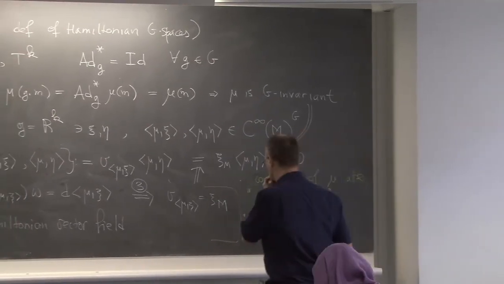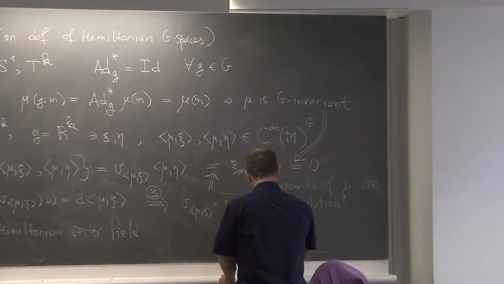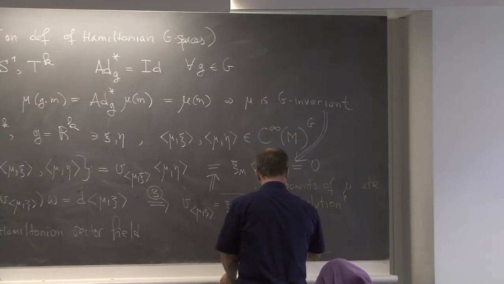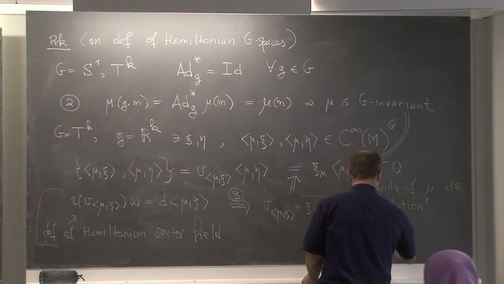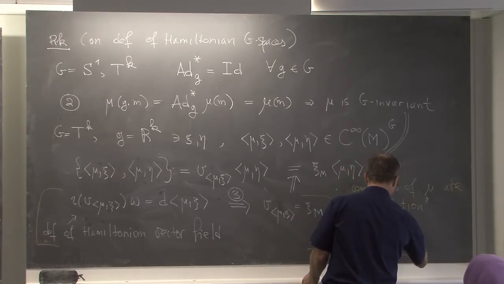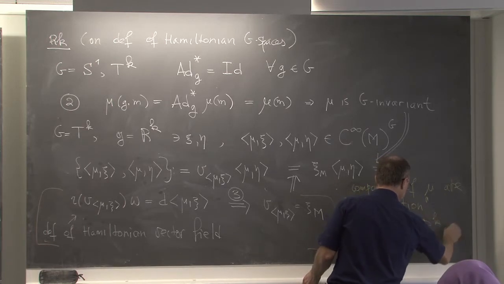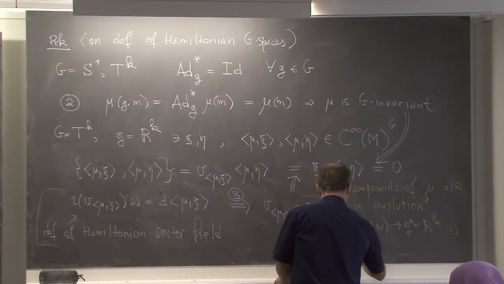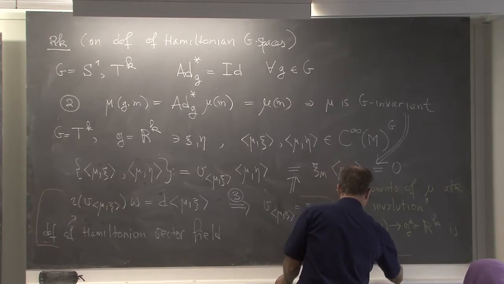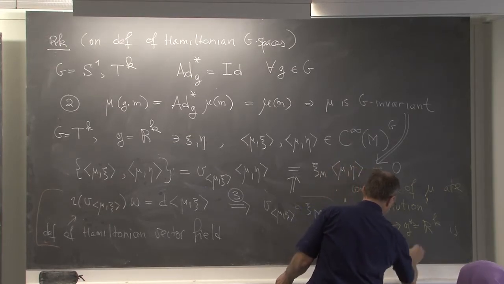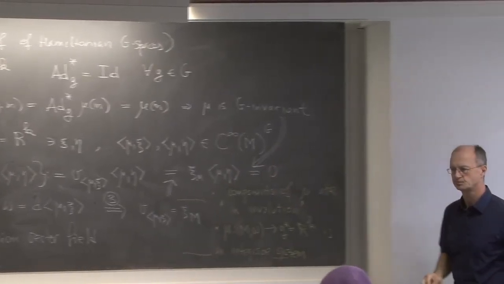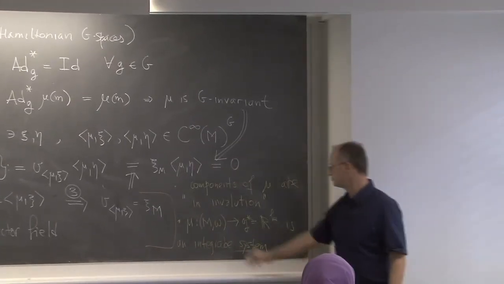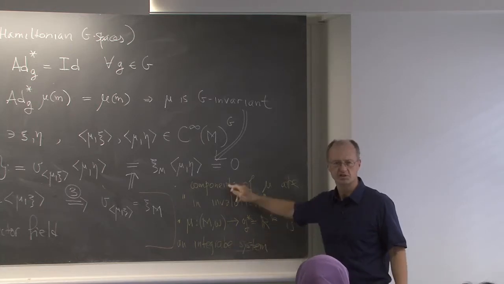Or we can say that mu, the map from R symplectic to G star isomorphic to R^k, is an integrable system. So these are the other words which mean exactly the same.